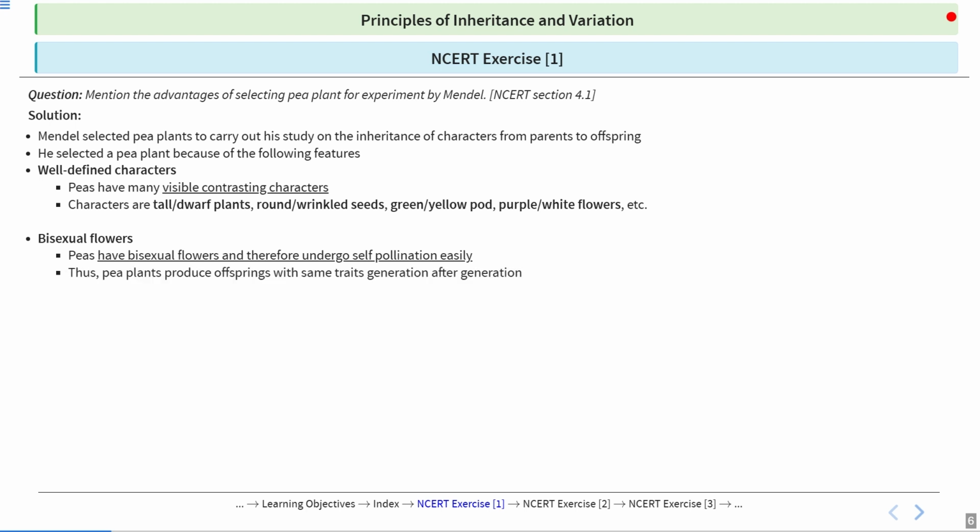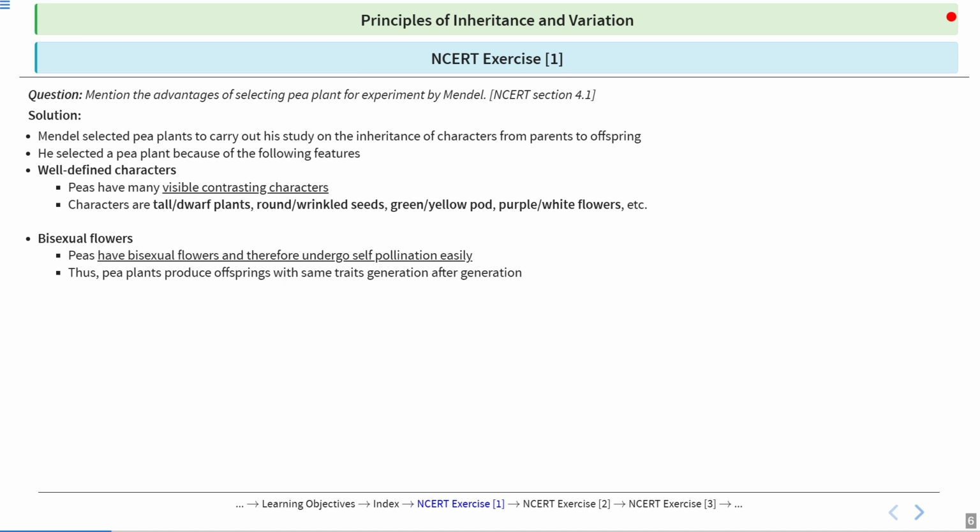Thus, pea plants produce offspring with the same traits generation after generation. So with the help of selfing, the offspring which are produced will have the same traits which were present in the parents. In cross-pollination, what happens? There is mixing of the genetic makeup of the two parents.